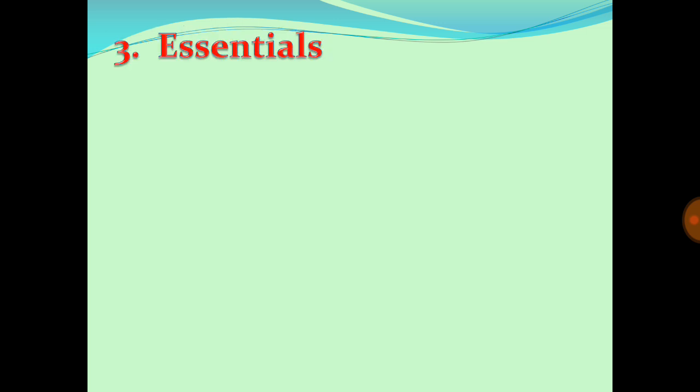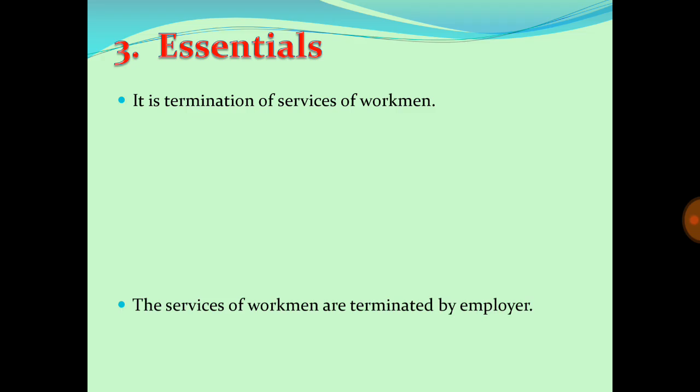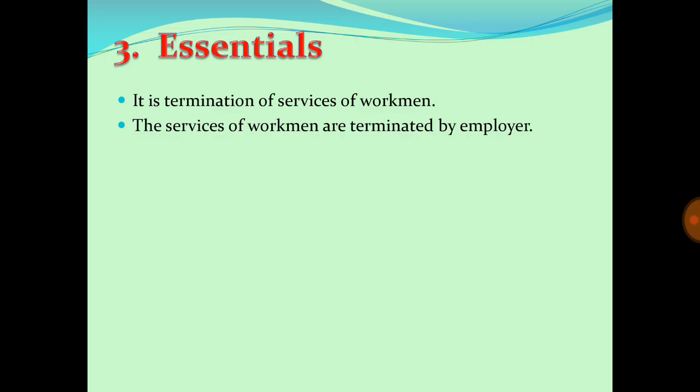With the help of this definition, we can find certain essentials of this concept. The first essential of retrenchment is that it is termination of service of a workman. Termination of service means end of employment.